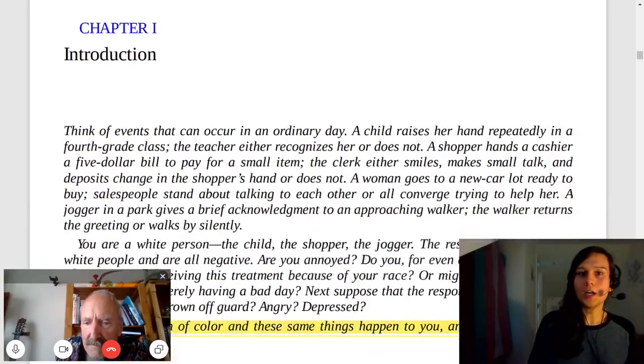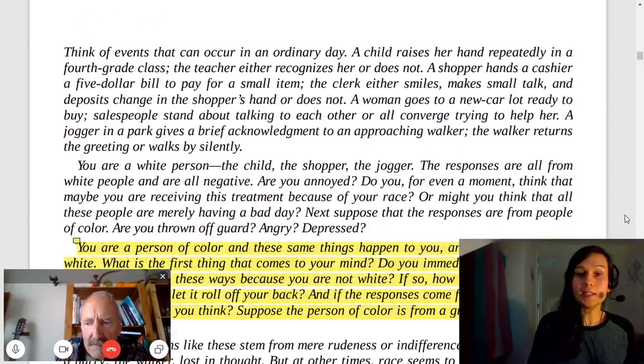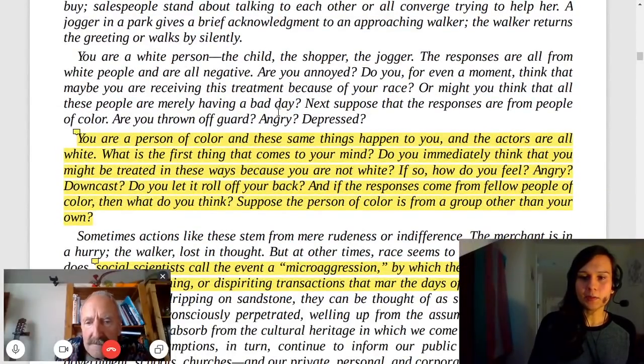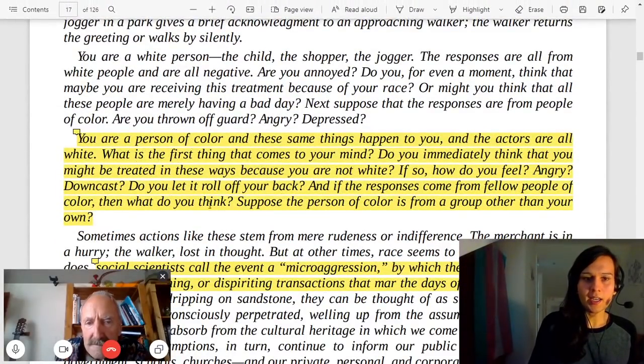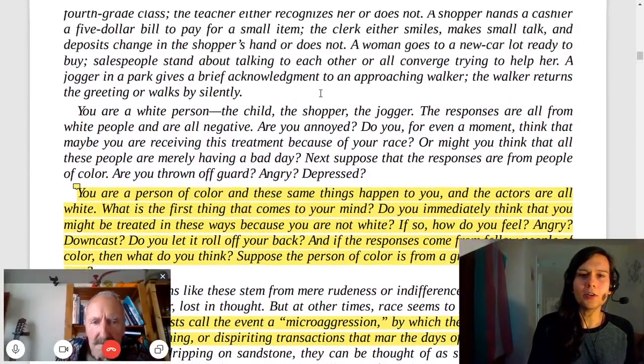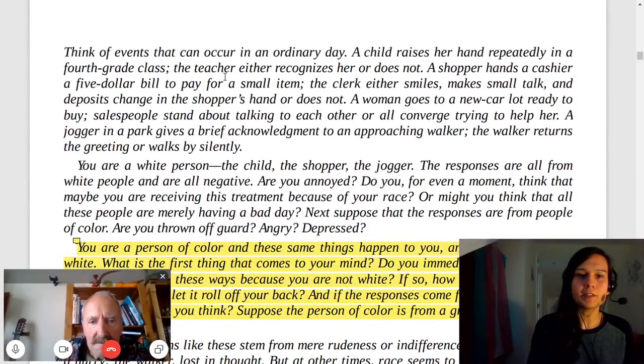Yeah, so I do feel that's a big weakness of this book, that it sort of acknowledges that, and that's what I highlighted here with this example they give. A few different kinds of interactions you can have. A child raises their hand repeatedly, and the teacher recognizes the child or not.